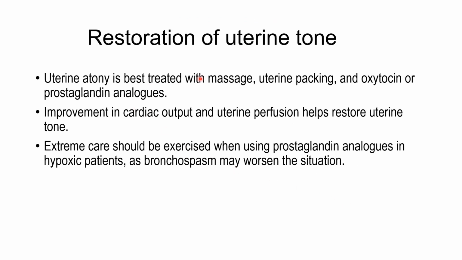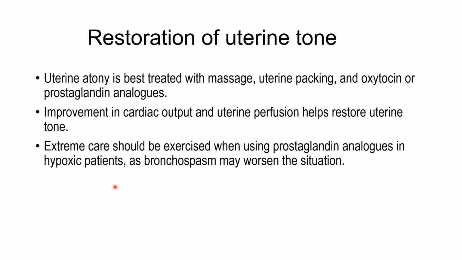And for restoring the uterine tone, usually uterine atony will be there. It can be restored by massage, packing of the uterus, and by giving oxytocin and prostaglandin. But when giving prostaglandin, we should be careful, because prostaglandin may produce contraction of the blood vessels and bronchioles.